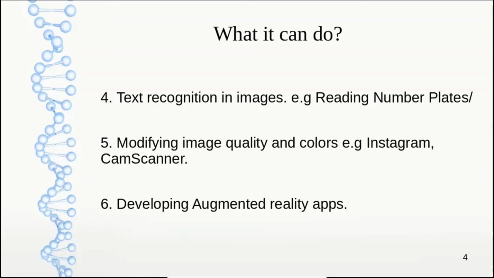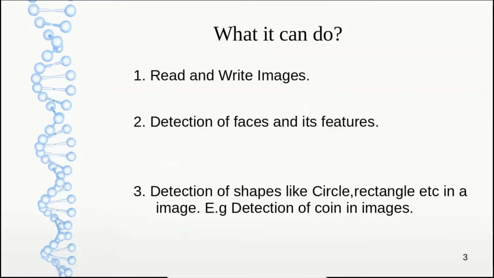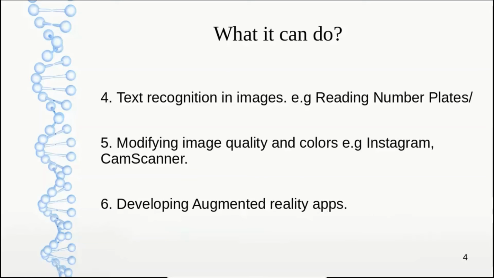These are the examples. On number 6, we have developing augmented reality apps. That is not it. It can do a lot more other things that we have not mentioned here. We are barely scratching the surface. There are a lot of other things that you can do with OpenCV, and we'd see that in detail.